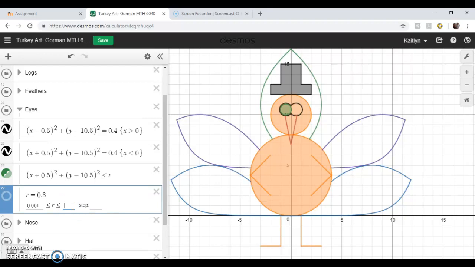And then it has to be less than this radius. So let's see, about 3? And I'm not going to add any steps for this one.